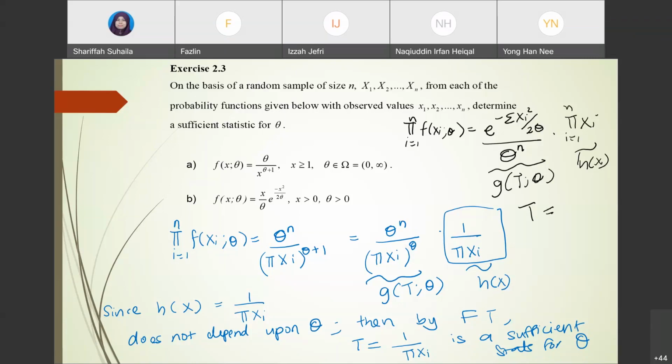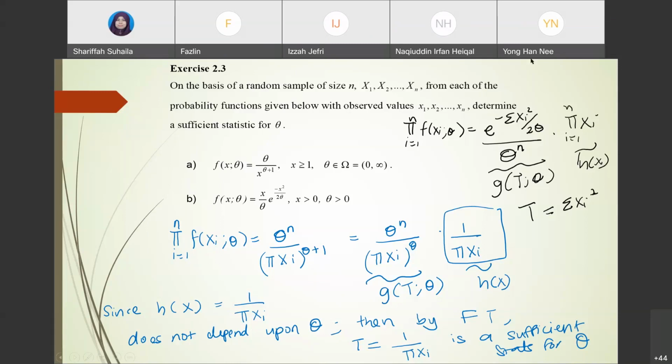Yang eksponen tu. Ya betul, eksponen tu, tapi kita tak ambil semua. Kita ambil T equals summation xi square. Okay? Tak perlu ambil negative summation xi square over 2 theta, sebab kita nak function of x1, x2, xn saja. So dalam kes ni adalah summation xi square. Negatif pun tak nak. Okay? So itu kau punya sufficient statistic. Okay.